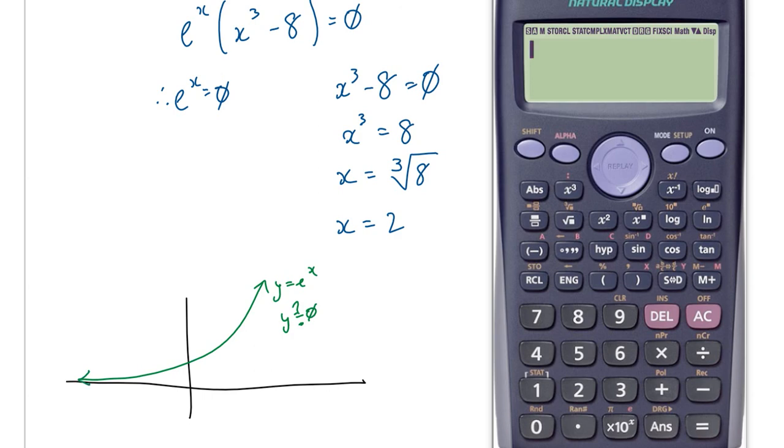It never equals 0, right? So there's no solution to this, and I can tell that by the graph, because e to the x or any exponential function never hits 0. It has to be greater than 0. That was our restriction, okay? The other thing I could do is rewrite this in exponential form. This is x equals ln of 0. And I could use my calculator to calculate that. Oh, let's do the ln of 0. Oh, right, you can't. Okay, so this has no solution.